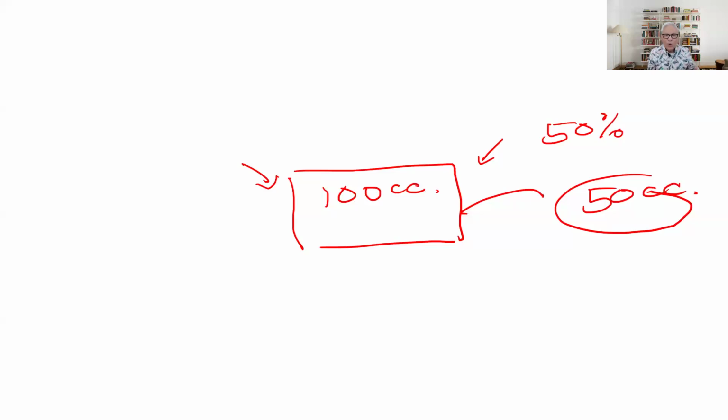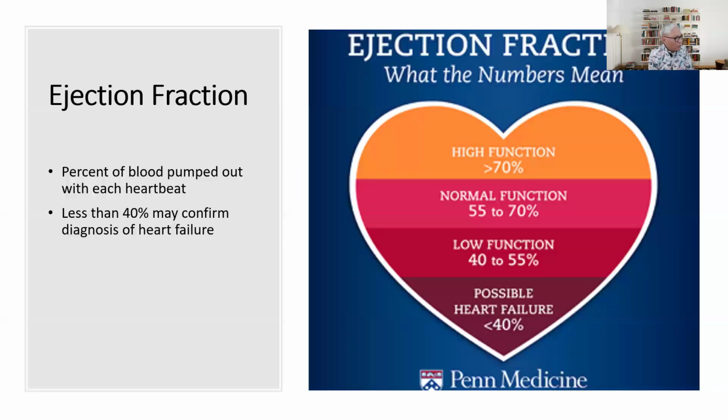Okay? So going back to the slide, again, ejection fraction is the percent of blood that is pumped out with each heartbeat. The normal ejection fraction is around 55 to 70%. Anytime your ejection fraction is below 40%, it means that your heart isn't pumping enough blood and may be failing.